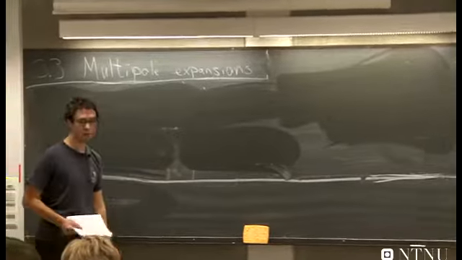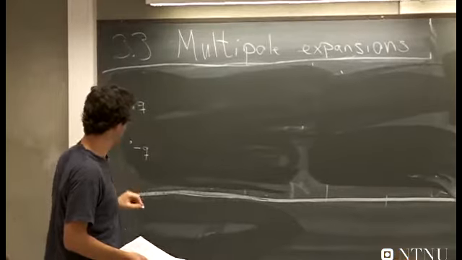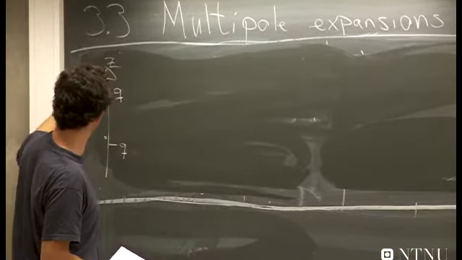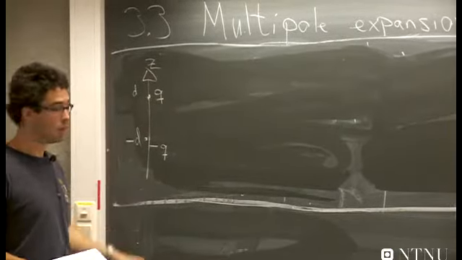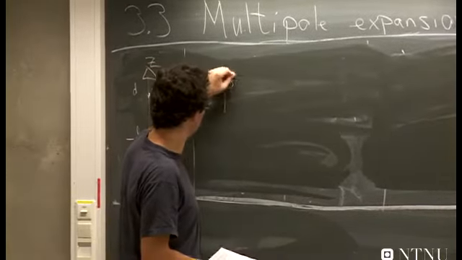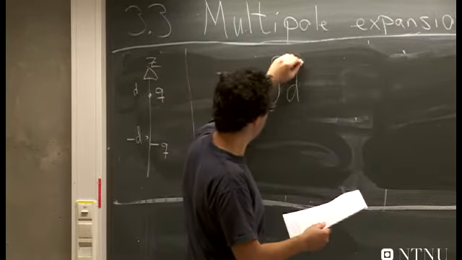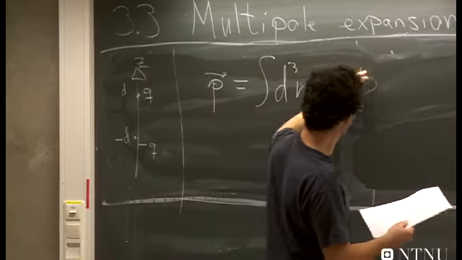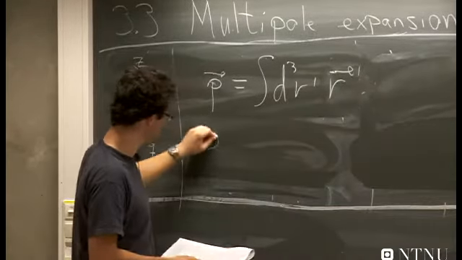Now let's consider the case that we looked at before. I'll put one point charge at plus d and one at minus d. Now the integral looks like the following. The dipole moment equals the integral over d3 r prime. And now what am I going to put in here for the charge distribution?